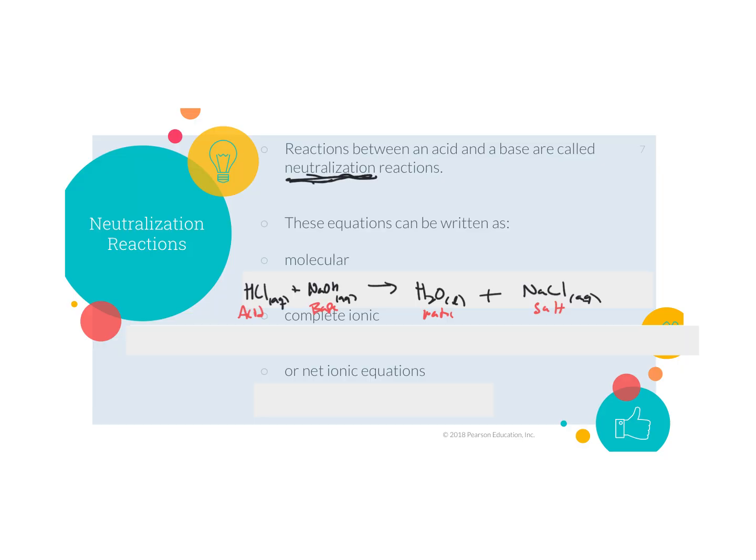You can write this as a complete ionic equation. So we have H plus aqueous plus Cl minus aqueous plus Na plus OH minus will make H2O, we always keep liquids together, plus Na plus Cl minus.